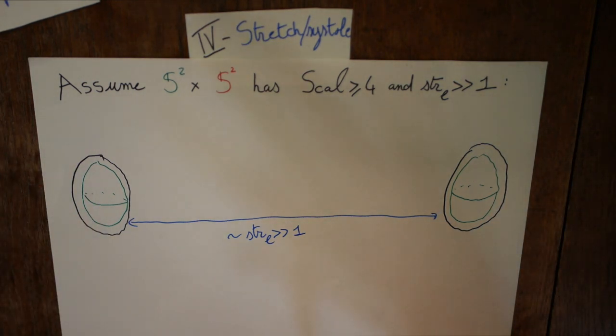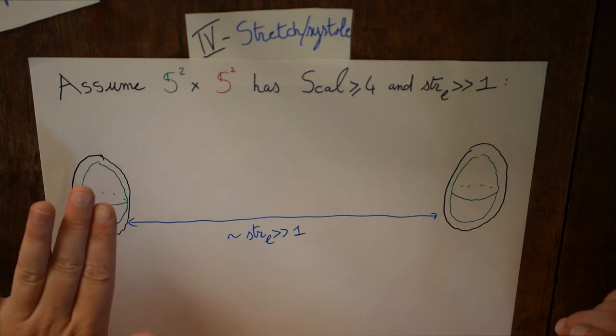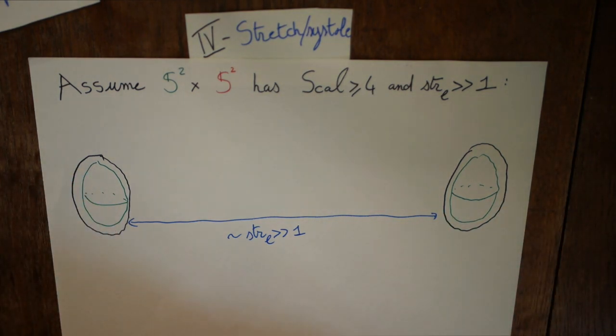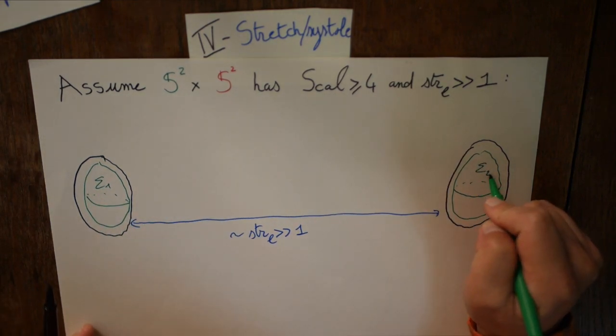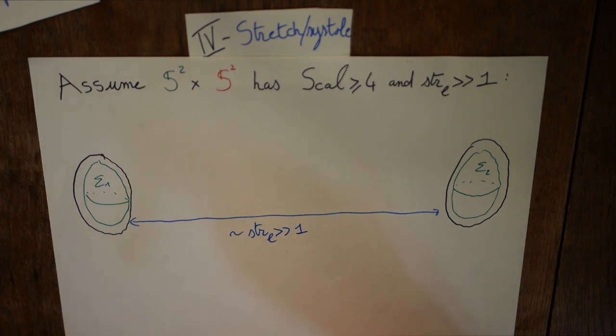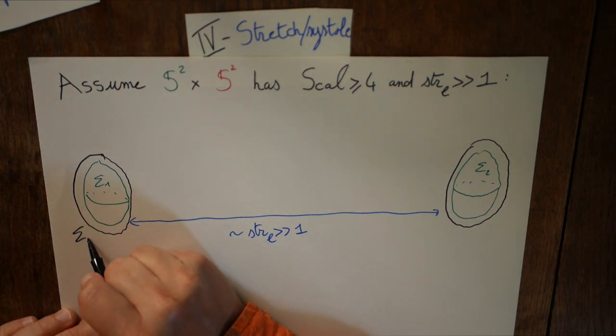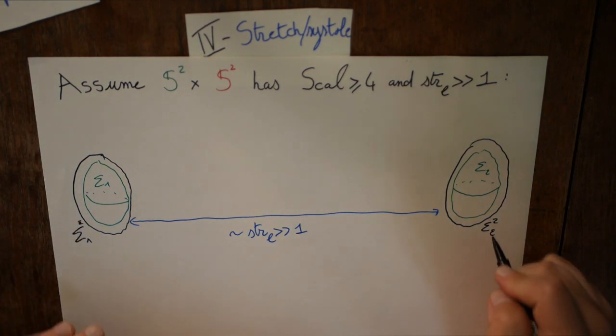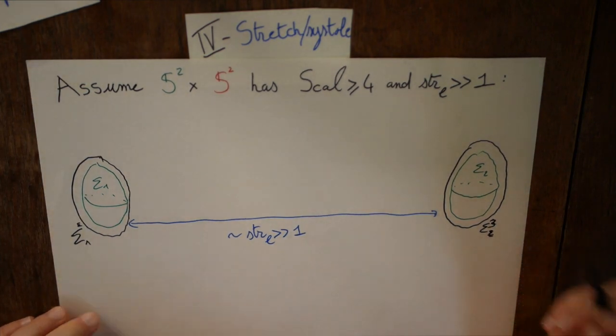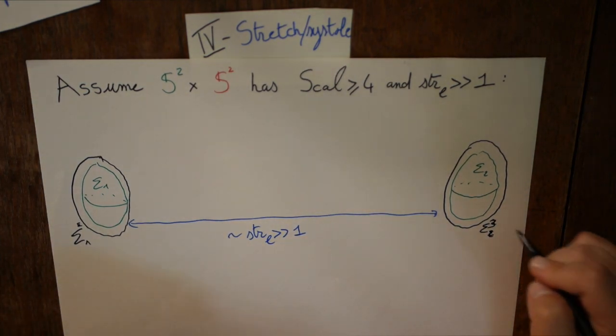You need to do some topology to show that it also works in the case where it has higher genus, for instance. But let's assume that there are two surfaces here, Sigma 1 and Sigma 2. And so I have tubular neighborhoods here, Sigma 1 epsilon and Sigma 2 epsilon.